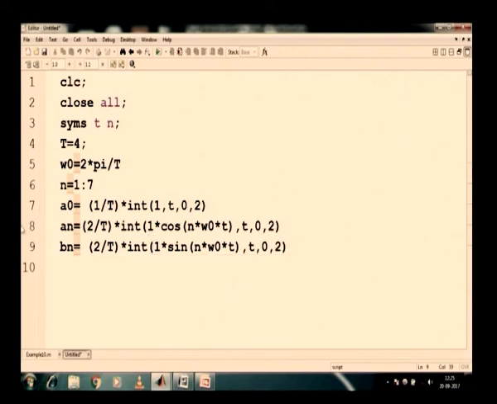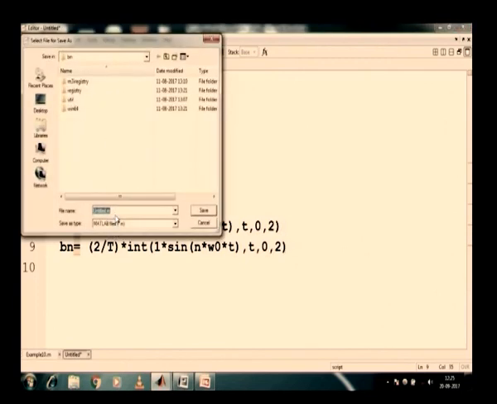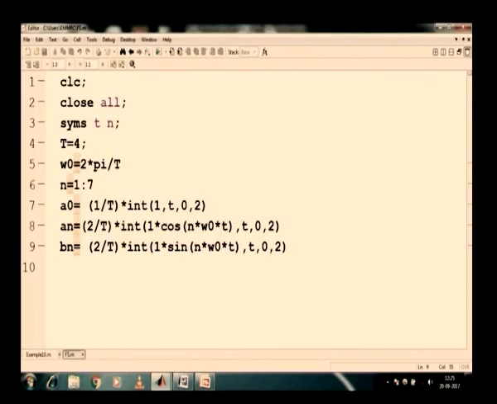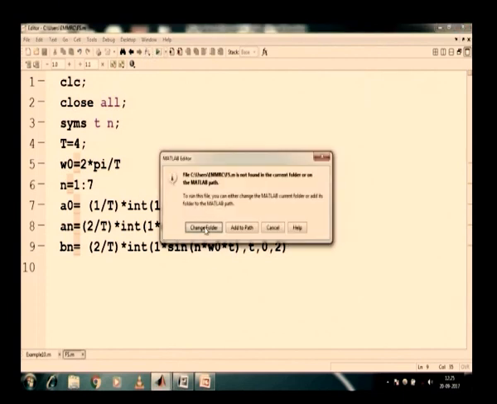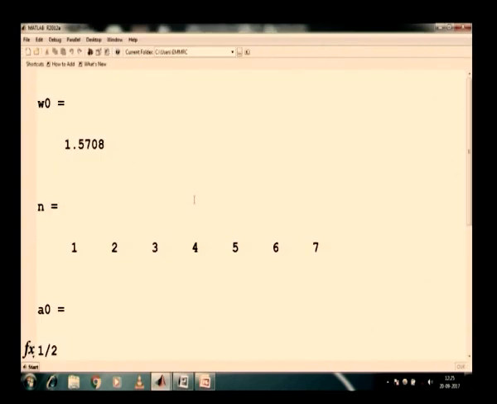Okay. Now, save the program as Fourier series. Now, execute it. After executing you can find the values.